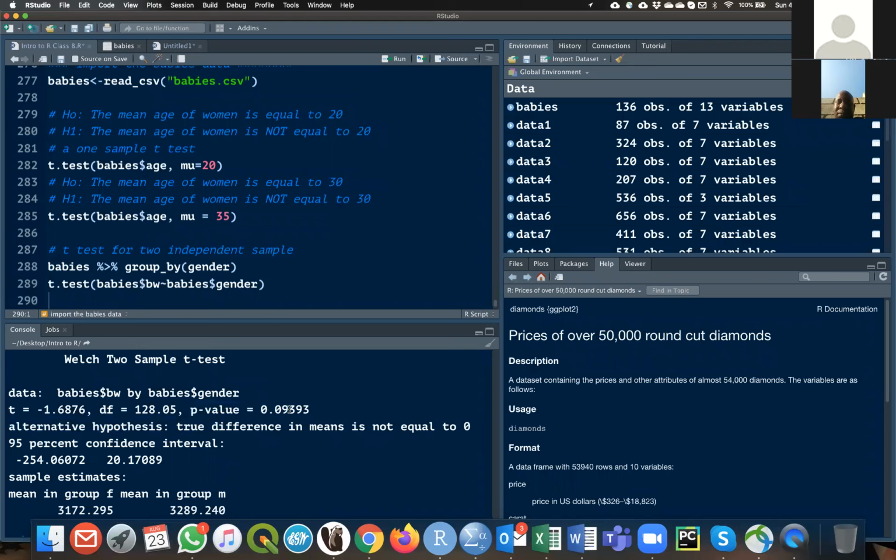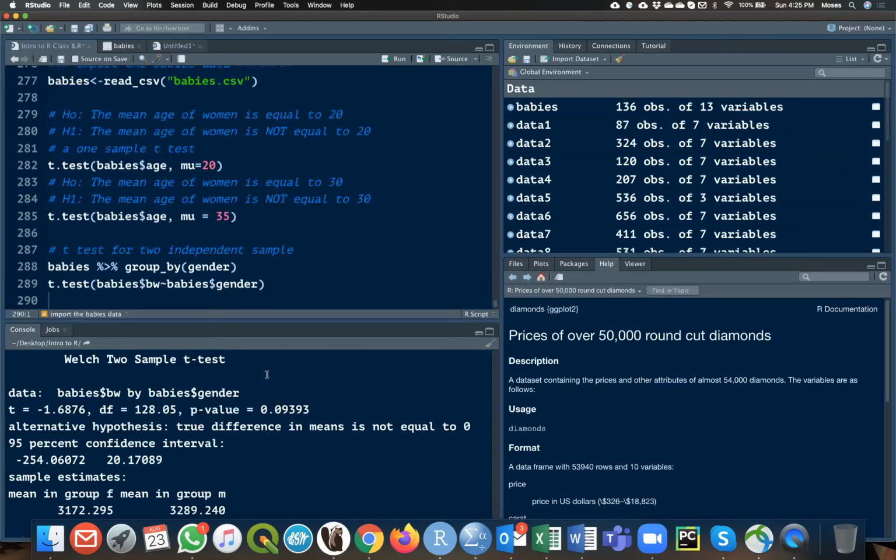The value here we get is 0.09. Now, from a threshold of 0.05, it means that we are above that threshold, and therefore this value is bigger compared to 0.05. And as I said, if it's bigger than 0.05, then what do you do?